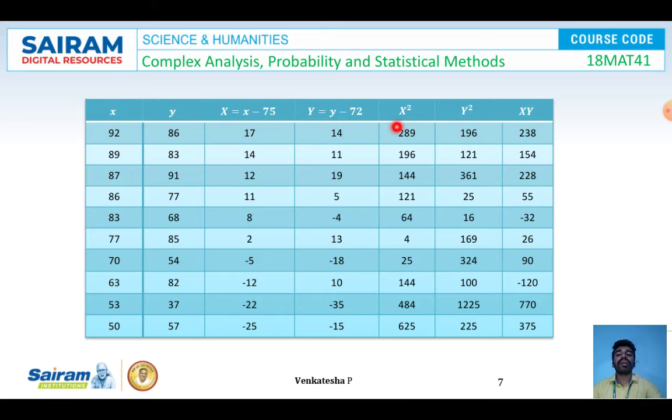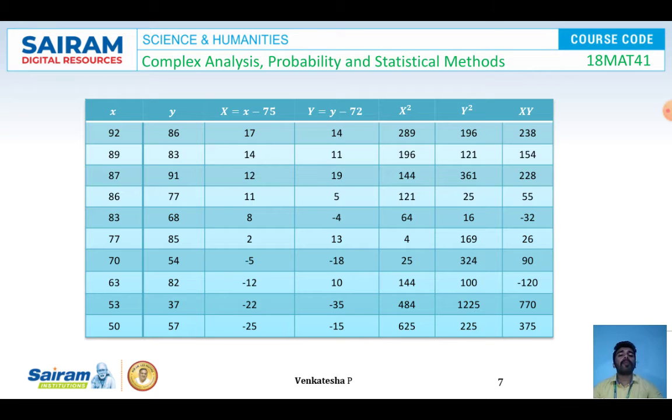Now squaring the complete capital X column, I get 289, 196, 144, 121, 64, 4, 25, 144, 484, 625, and capital Y square will be 196, 121, 361, 25, 16, 169, 324, 100, 1225, 225.